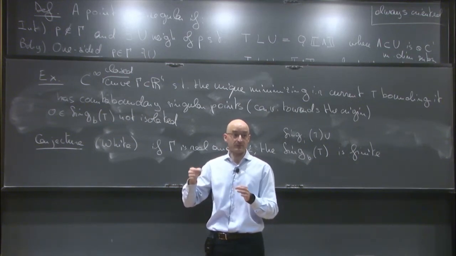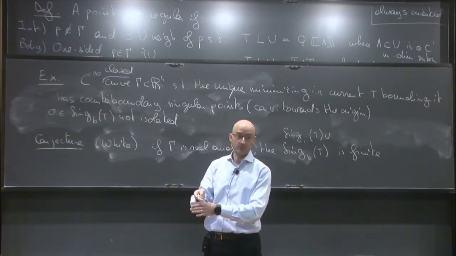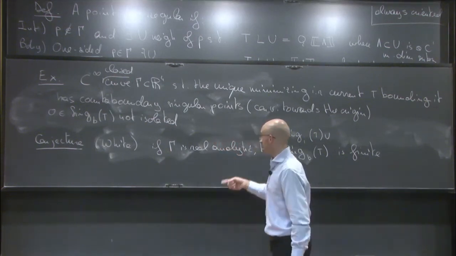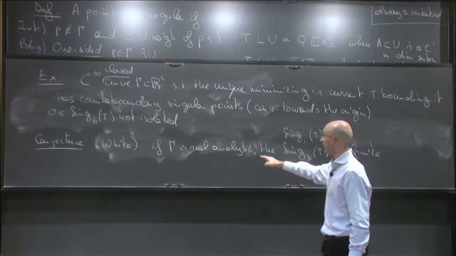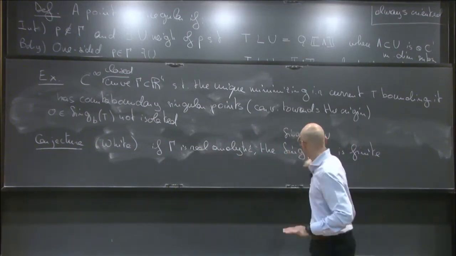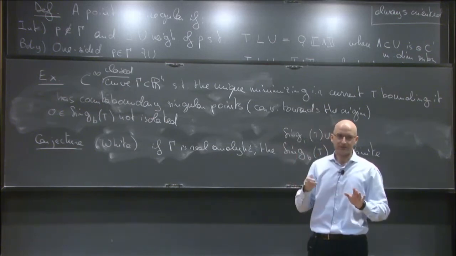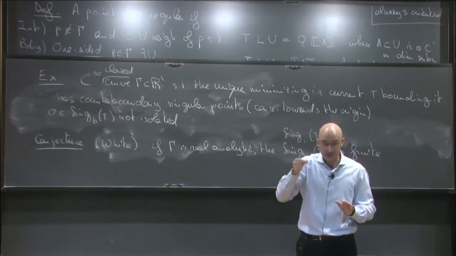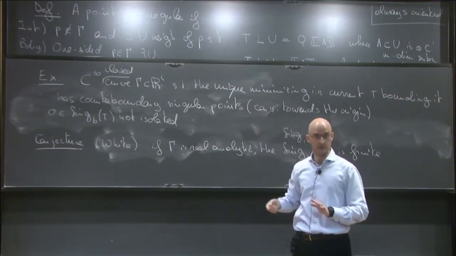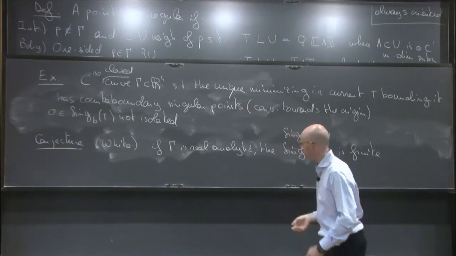But the singular points at the boundary look more like crossings of planes. Actually, there's a theorem by Brian which says that if gamma is real analytic, and you know this conjecture, then the boundary singular points cannot be branching. So that example cannot, of course, be made in the real analytic case.